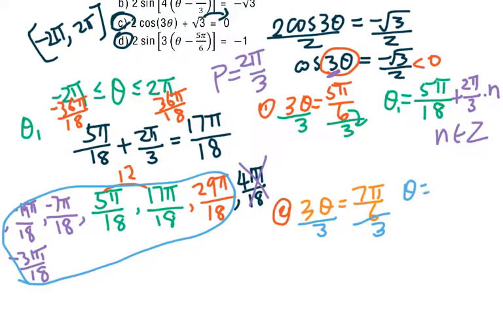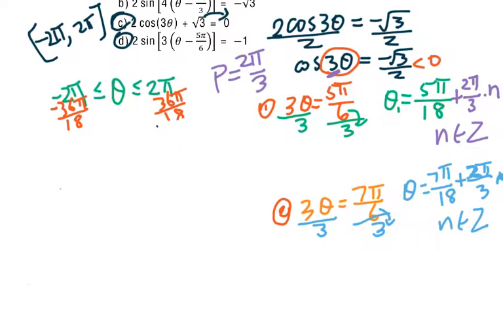Then you will get your theta equal to 7 pi over 18. Then we have the same period. So I have 2 pi over 3 times n. So your n will be all integers.